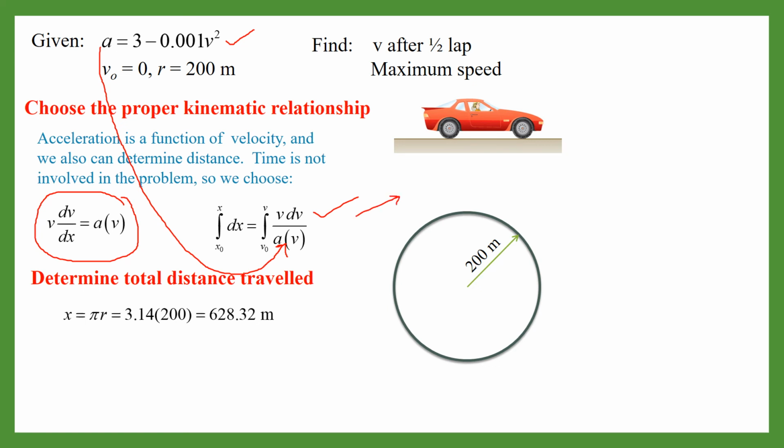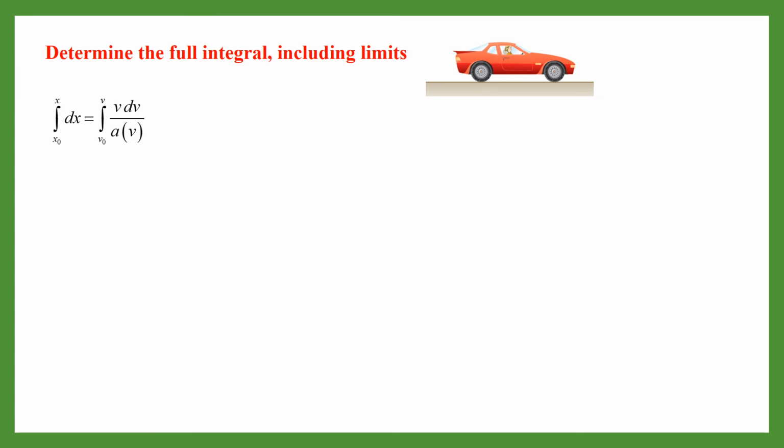Now to calculate the total distance, this is a circular track, so if you want to cover half, it is half of the circumference. Total circumference is 2 pi r, so half distance will be pi r, that is 628.3. Further solution includes determining the full integral with limits.